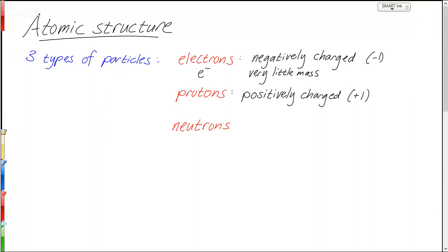And does anybody know the mass of a proton? In grams or kilograms or something, it's extremely small. It's actually not even given. Let's see. Yeah, it's not even in here.